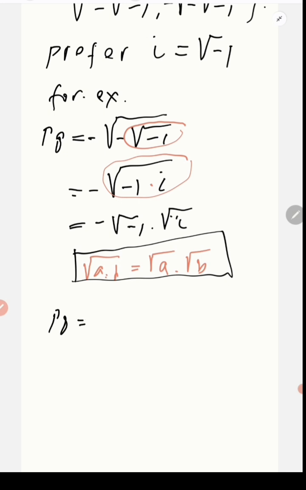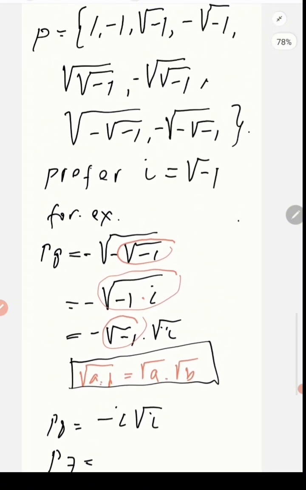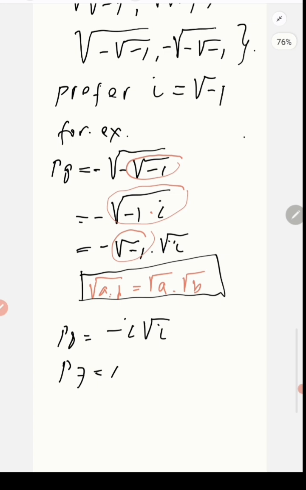So we get minus i square root of i. Then P7 is i square root of i.